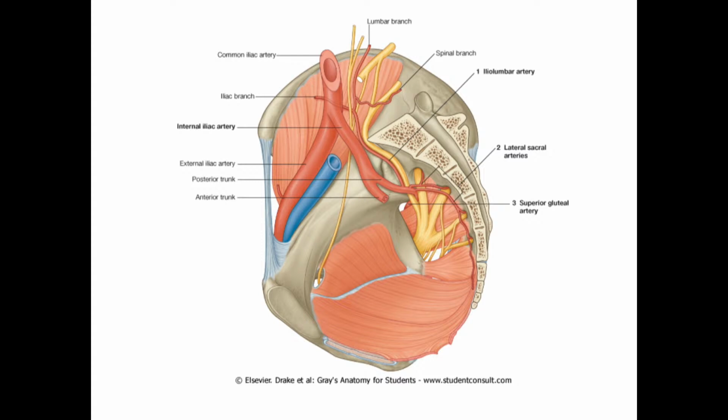The vessels make a substantial contribution to the blood supply of the muscles and skin, mostly of the gluteal region. They also supply the adjacent muscles and the bones of the pelvic wall. And here we finished the posterior trunk.